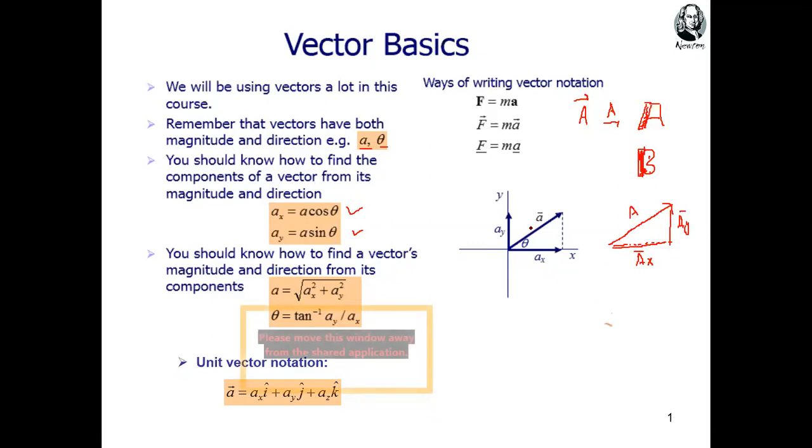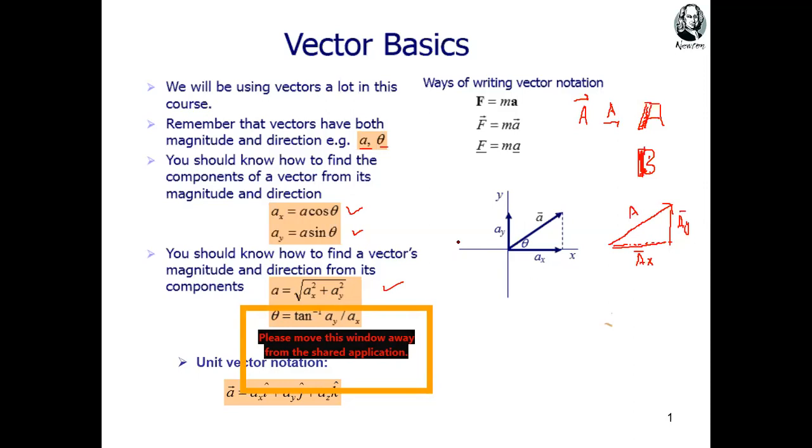Okay, how can we find the magnitude or size of this vector? With the help of this formula, the square root of Ax squared plus Ay squared, we can find the magnitude of vector A, the original vector, if we know the x component and y component.